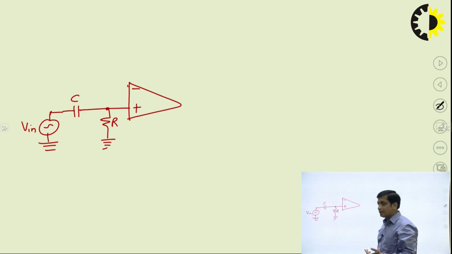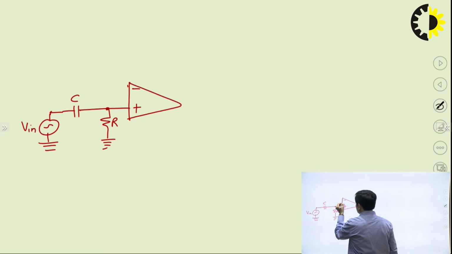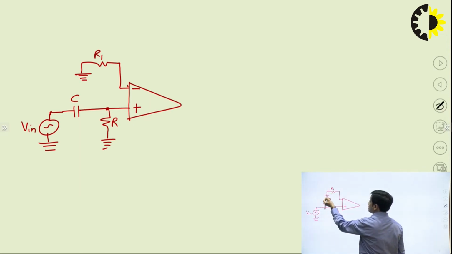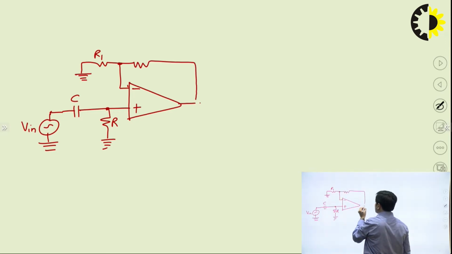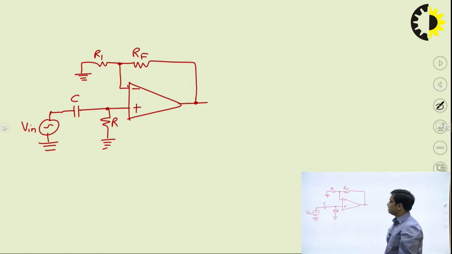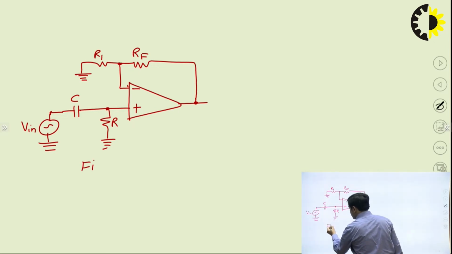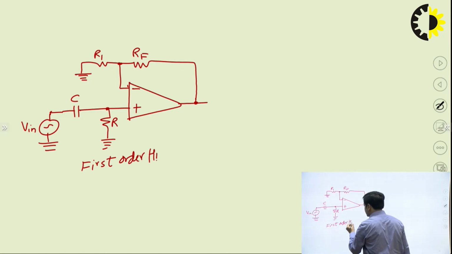Now to provide the gain, to control the gain, we connect a resistor at the inverting terminal. Let's say this resistance is R1 and the other terminal is connected to ground, and there is a feedback resistance connected in the negative feedback path. Let's say this is RF. So this is the circuit of the first order high pass filter.